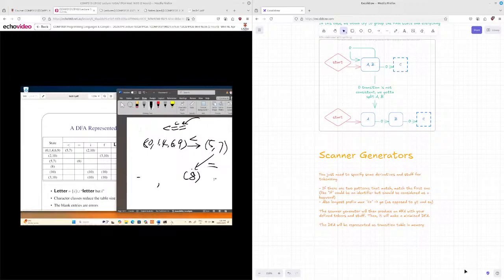Well, it has to be this one. Here we cannot go any further, there's nothing we can go to. Then we go back to the most recent accepting state 8. Now we have accepted these 2. That's 1 token. When the scanner is called again, we're going to start doing exactly the same thing from the start state with the current char pointing to the 3rd character. That's exactly how our scanner works.